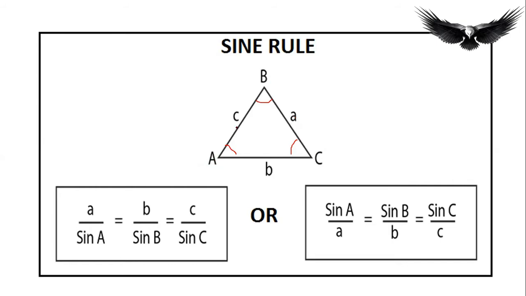This capital letter on the opposite, there will be a small letter. This capital letter here on the opposite is a small letter. So now, me, I like this one because that's what I was taught. You can either use this one as a over sine A is equal to b over sine B, which is equal to c over sine C. Or you can start by writing these ones at the top, at the bottom, you write them at the top. The answer will still be the same.